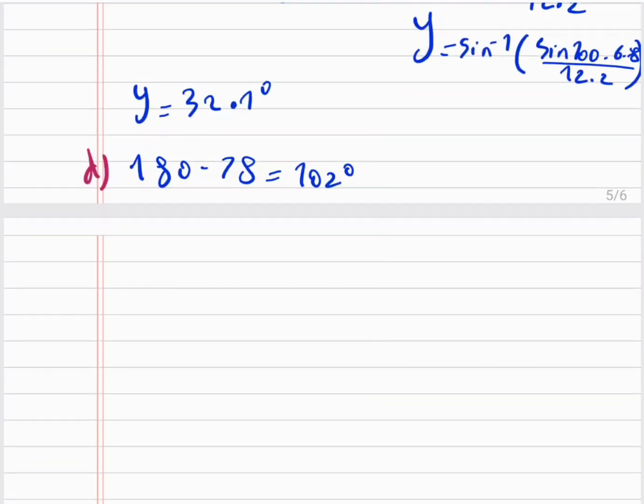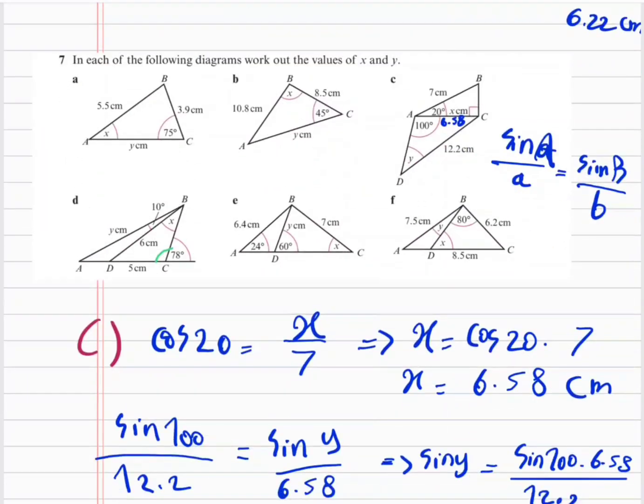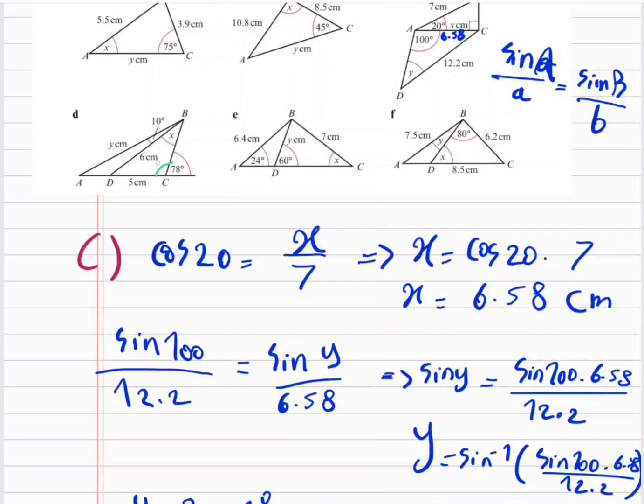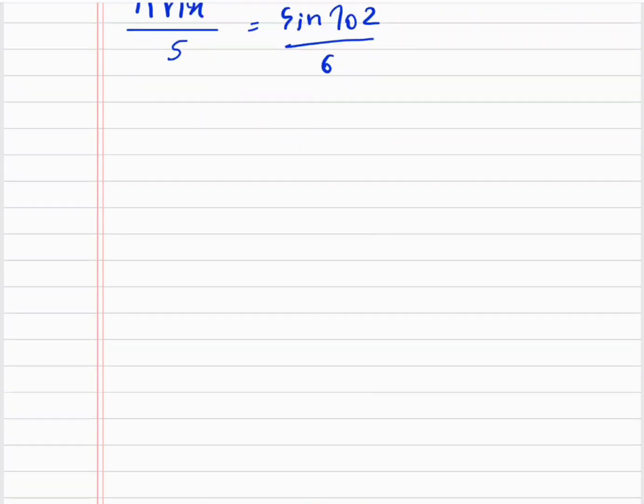So the equation is sine x over 5 is equal to sine 102 over 6. Again, here is 6 and here is 102 degrees, so that's why we have sine 102 over 6 and then sine x over 5.